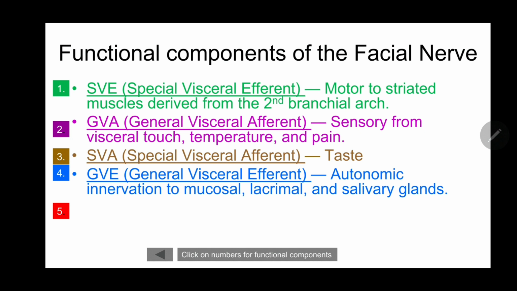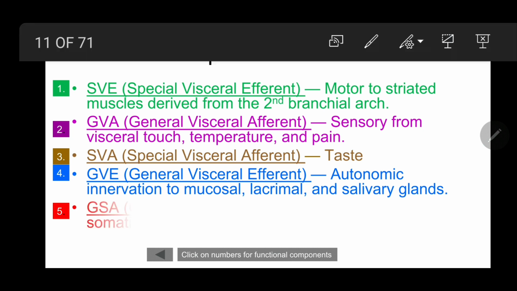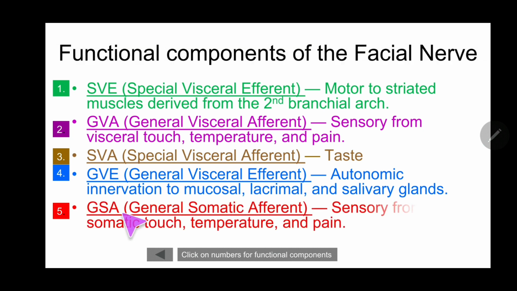This one is the autonomic innervation of the mucosal, lacrimal and salivary glands, the parasympathetic outflow. And this you are seeing is the general somatic afferent, meaning sensory sensations from the somatic touch, temperature and pain from the external auditory meatus.